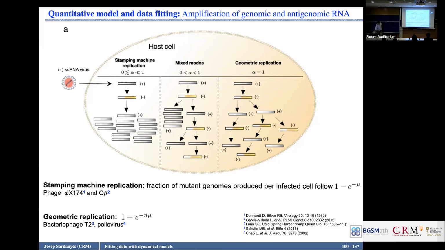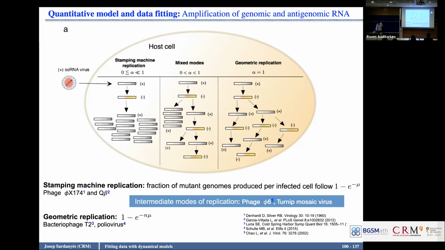Later, there is a very recent work that follows a similar approach as we did, but this one, reference 3, which is 51, for bacteriophage T2 and poliovirus, they identified this distribution. So far, references 1, 2, and 3, which are quite old, were estimating these processes directly from the expected distribution of mutants.